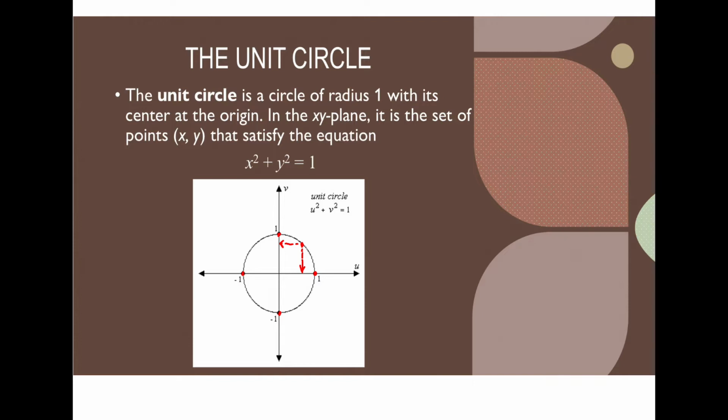So they're going to be values that are less than 1 or greater than -1. So more than -1 but less than 1. They're all going to fit any point that's along the circle between -1 and +1.